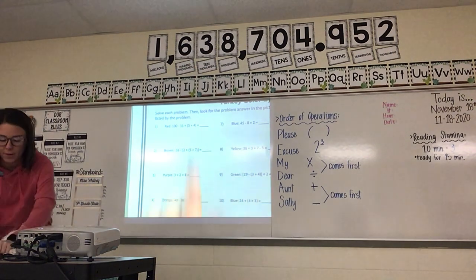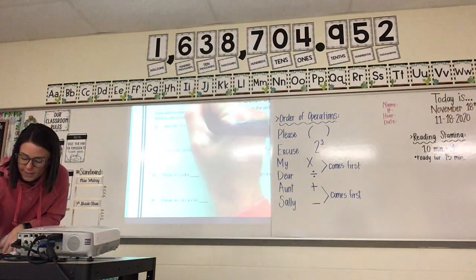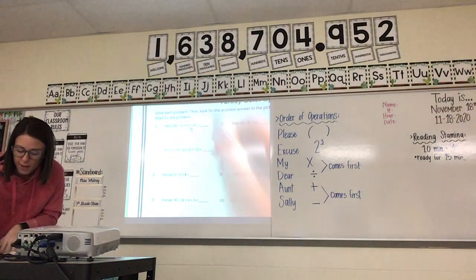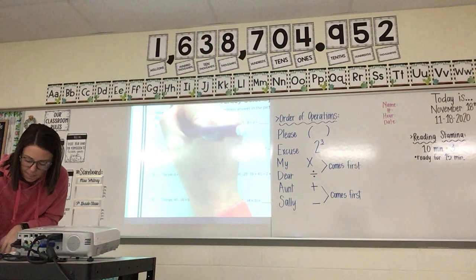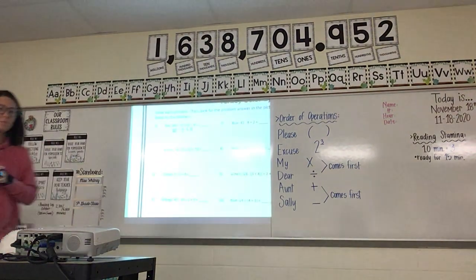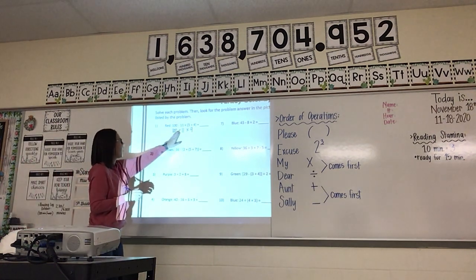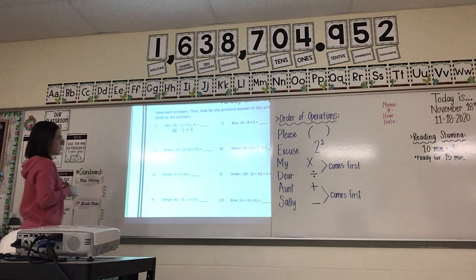Inside my parentheses, I see 5 plus 4. 5 plus 4 is 9. So I'm going to write a 9 there, and then I'm going to copy down the rest of my problem. So now I have 100 minus 11 times 9, because 5 plus 4 was 9.